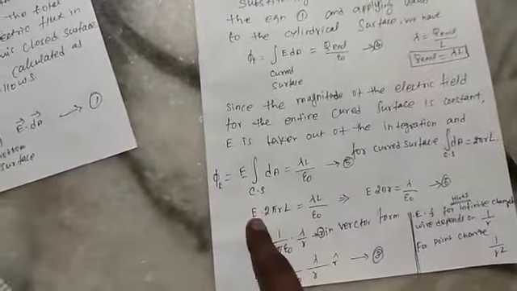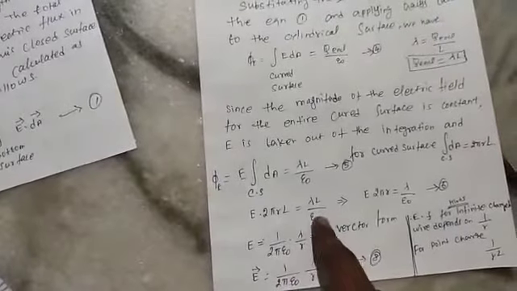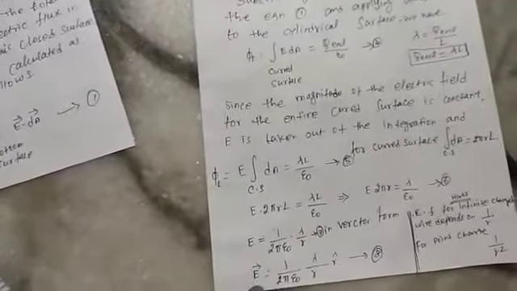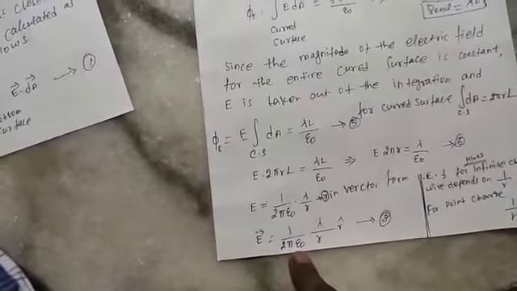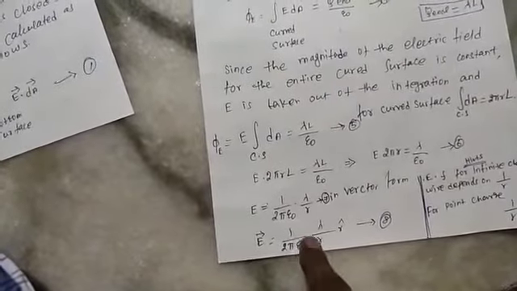L cancels, and we get E equal to 1 by 2 pi epsilon naught into lambda by r. In vector form, E vector equals 1 by 2 pi epsilon naught into lambda by r into r cap.